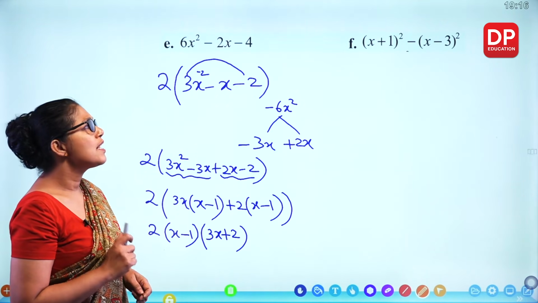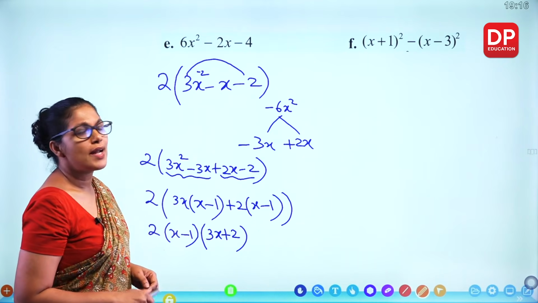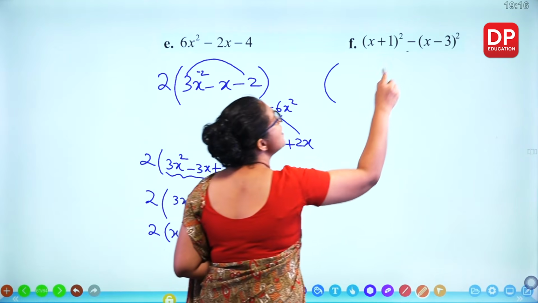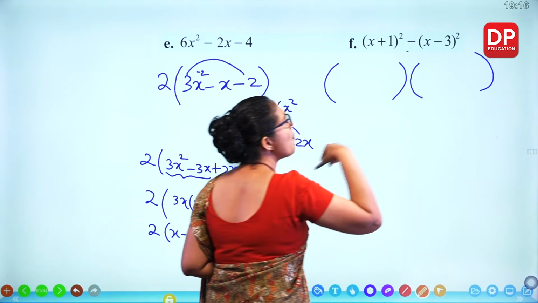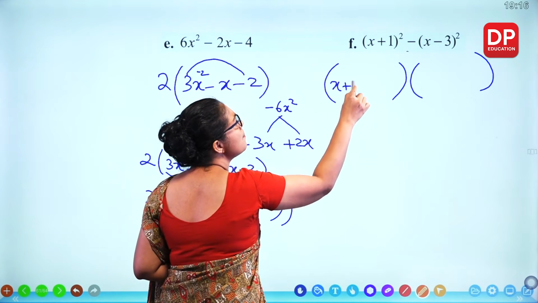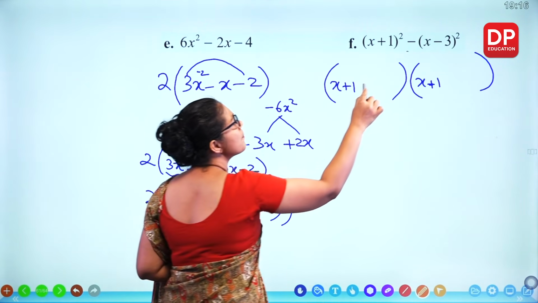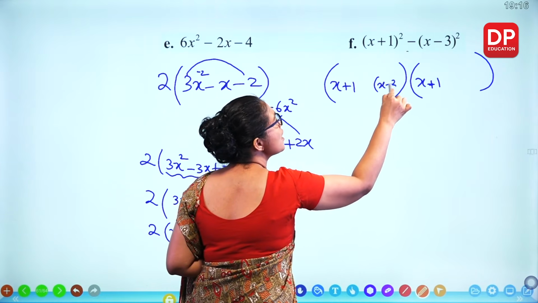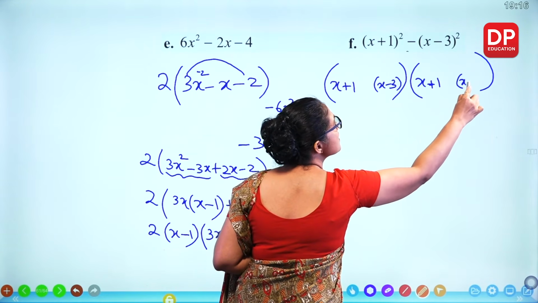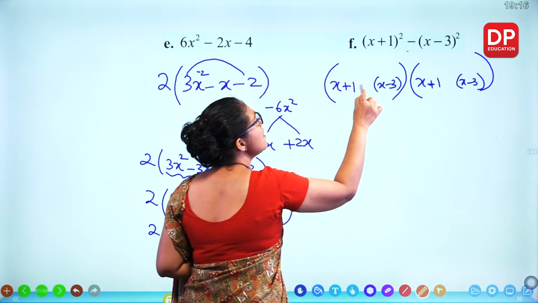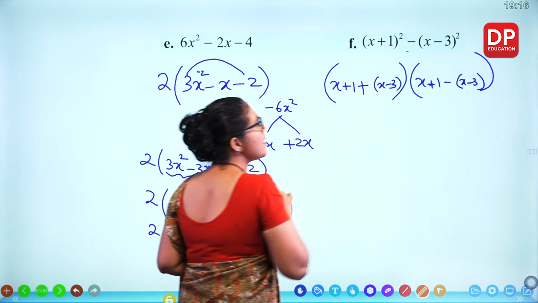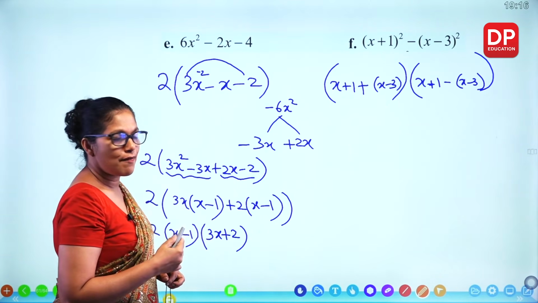Okay, in this question, you get two terms and also those are square terms. So you can use difference between two square terms. So what's the procedure? You can straight away use the formula. So what's the first term? X plus 1. What's the second term? X minus 3. So make sure that you use brackets. And then one is positive, one is negative. Now simplify that.